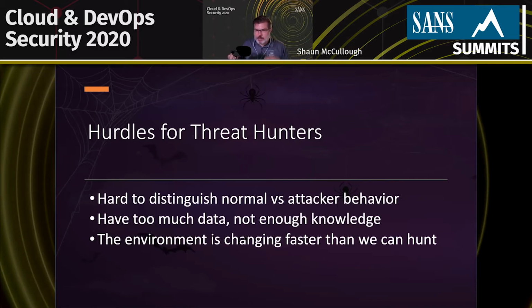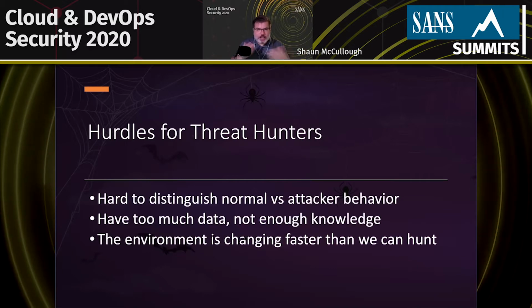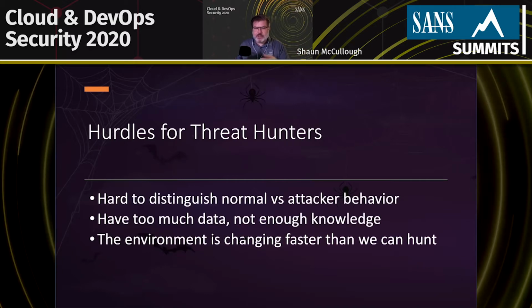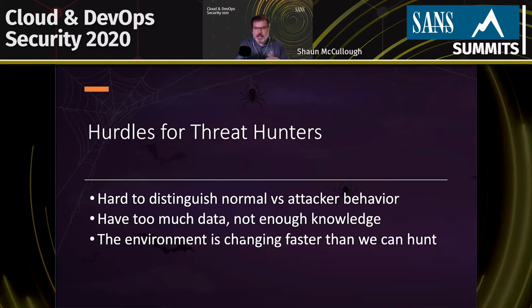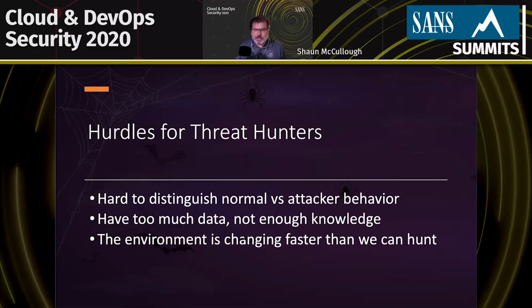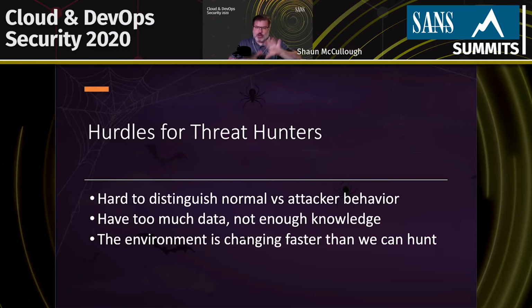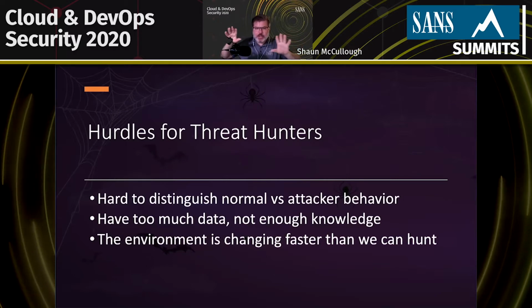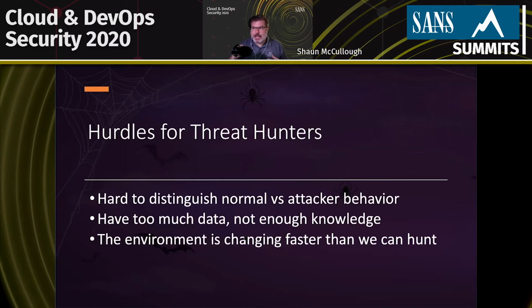It can be difficult, if you're watching that, to see if there's a bad guy or an actor doing remote desktop, because it just looks like normal traffic. So we've got to try and figure out how to make that abnormal behavior really stand out. That's what that first bullet is.